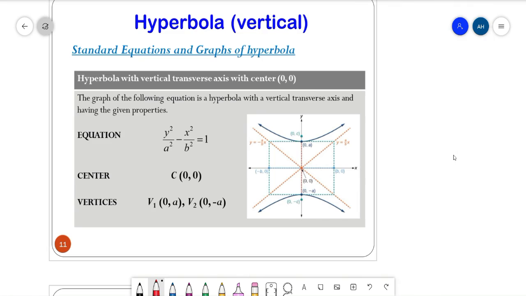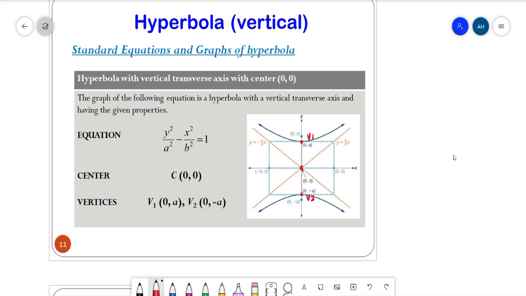One is facing up and the other one is facing down, right? The previous one is facing to the left and the other one to the right. Now in this case, the center is still at the origin, that is 0, 0. That is this point. So our V1 is this one. This is V2. The coordinate of V1 is 0, a.